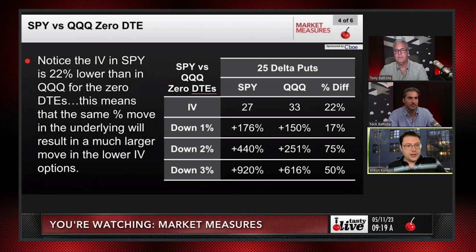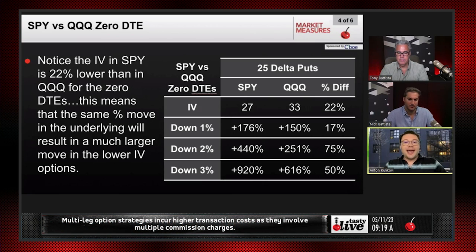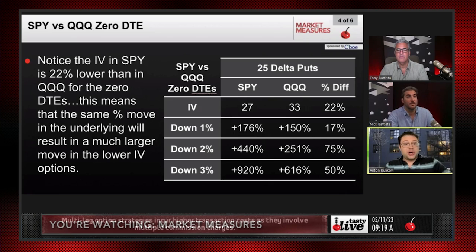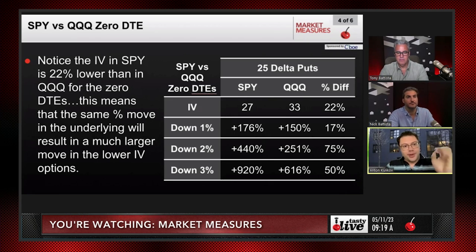Well, what does that mean if you have the same percentage move? Because we're comparing the same 1%, 2%, 3% moves, the SPY had a significantly greater return on those options because the IV was less. This is one of the biggest differences when you talk about IV.